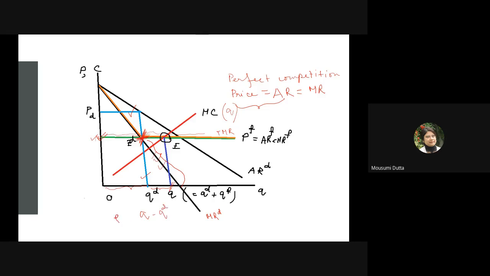So QF will be Q minus QD. The domestic price will be PD, and quantities will be up to QD. The rest of the amount will be sold in the foreign market, and the price is given by this level, the given price in the foreign market, PF.